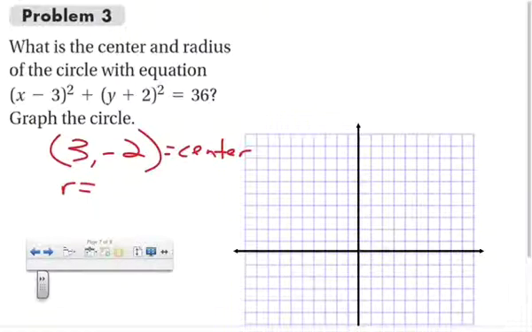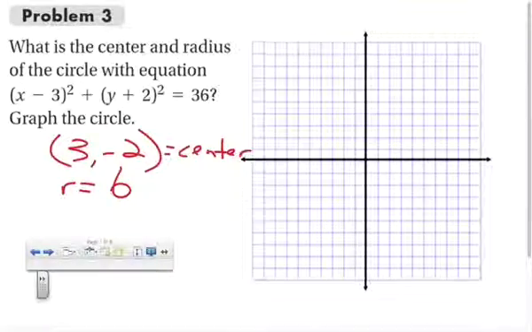What is the radius of this circle? Someone else, please don't call it out. What is the radius of the circle, Sarah? It's 6. Okay, nobody's expecting a masterpiece work of art. You plot the center at 3, -2.